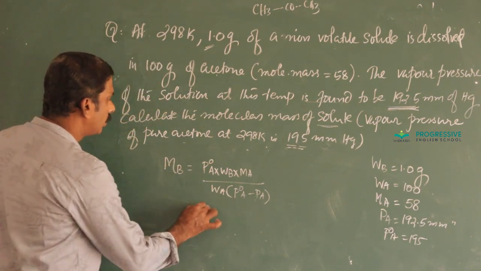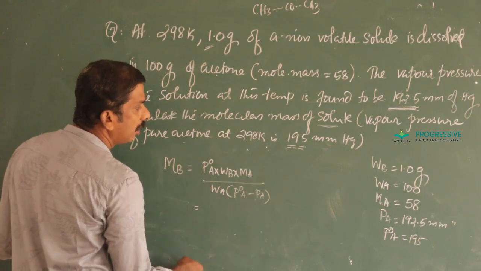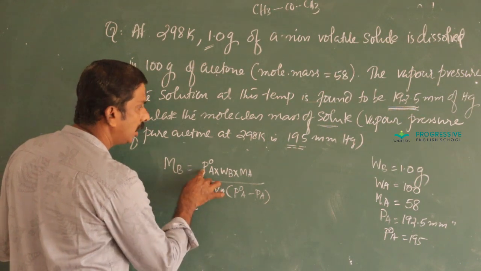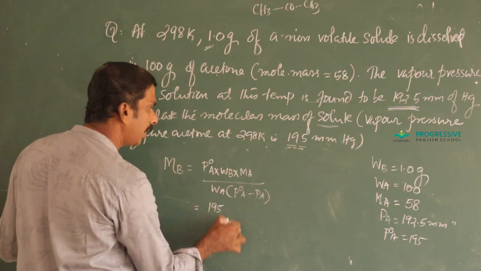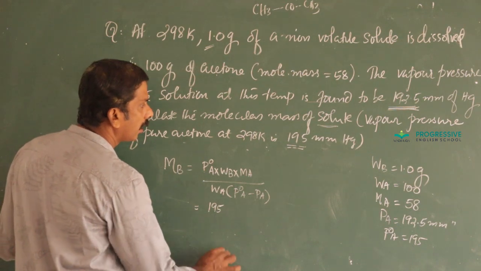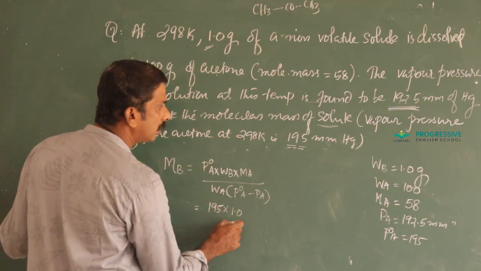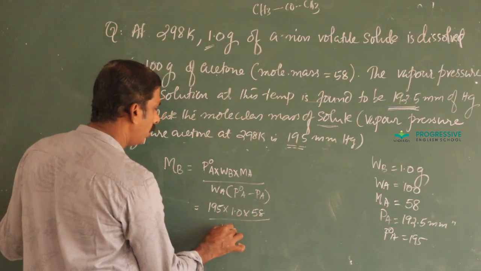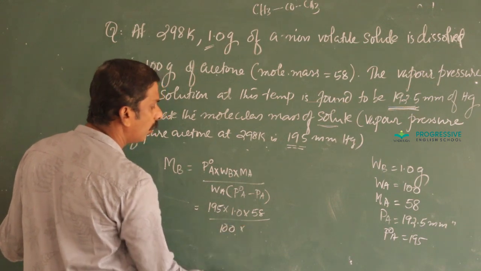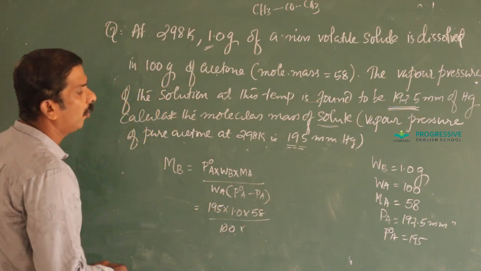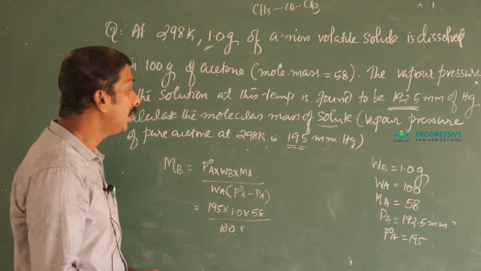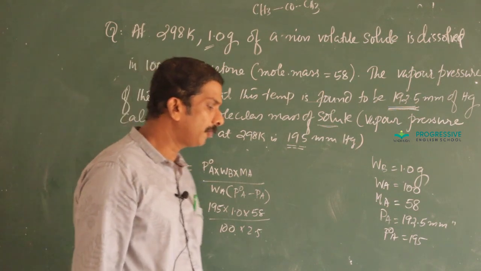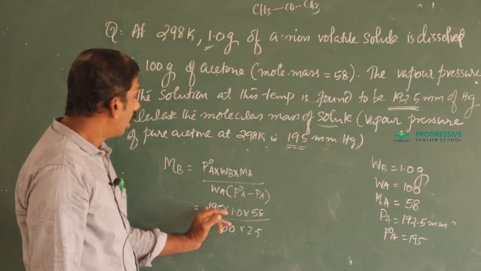Then substitute the values of P0A, PA, WA, MA, etc. in this equation. What is P0A? 195 into WB 1, MA 58, WA 100 into P0A minus PA, 195 minus 192.5, that is 2.5.